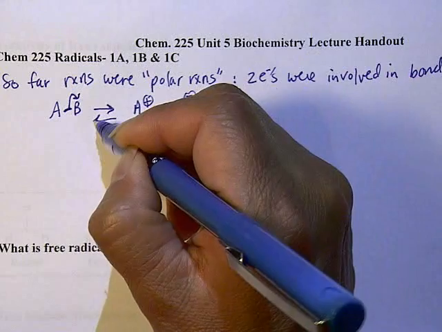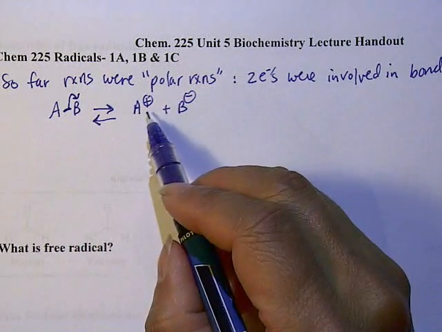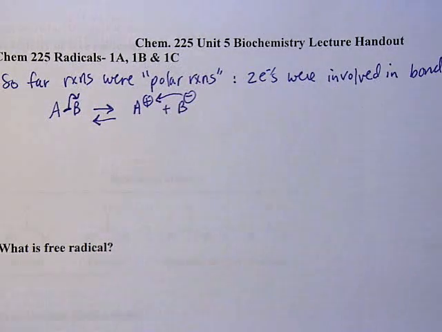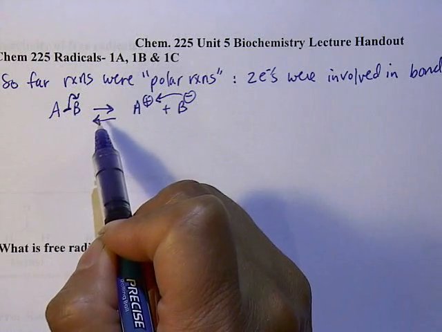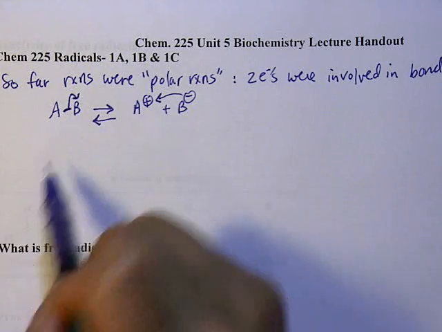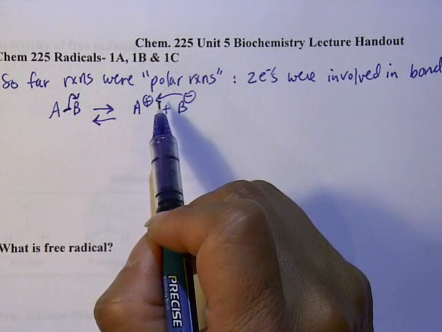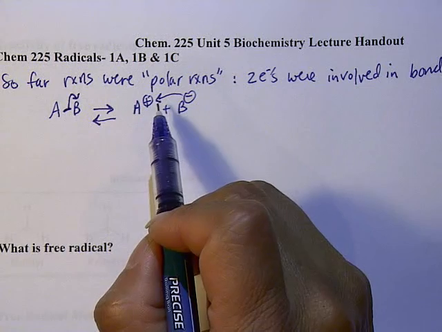Another way we looked at that would be a bond breaking process, but if we were to have B minus go and attack A plus to form this bond, then we would do a reverse reaction, which would be a bond forming reaction, right? But either way, we use a 2-headed arrow to indicate movement of 2 electrons, right?